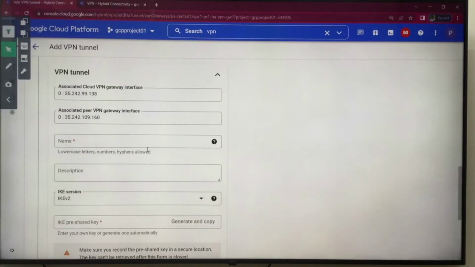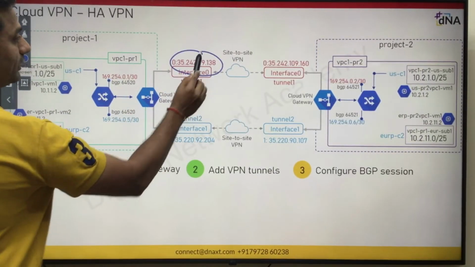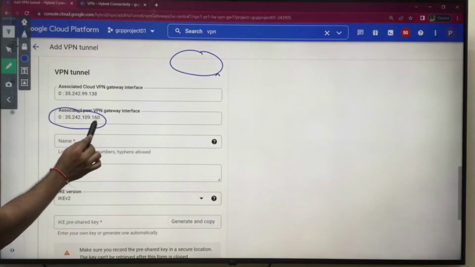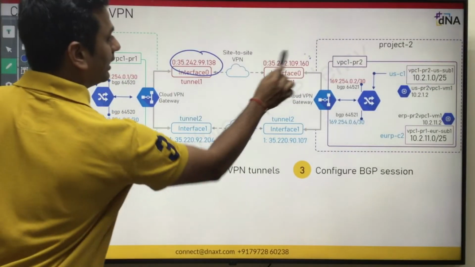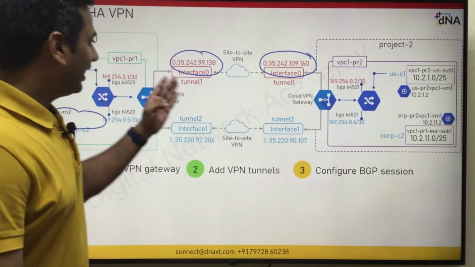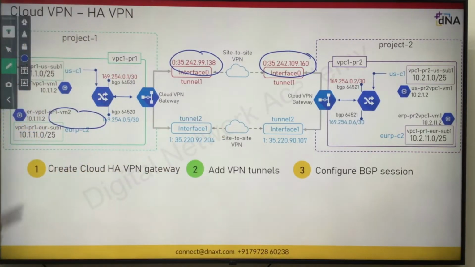Here you go. 0 to 0, associate cloud VPN gateway interface. This is my local, this is my local interface. Then this is 109.60. This is my remote. See guys, I got the same IP addresses, good and lucky.